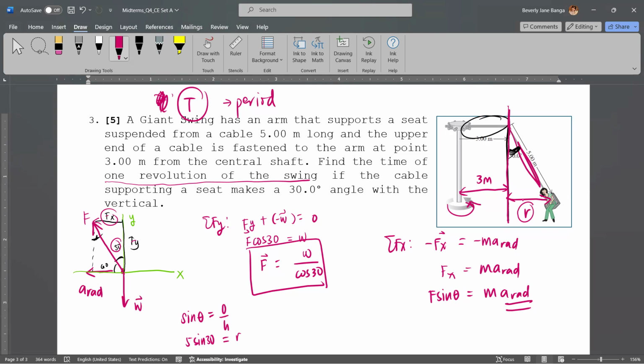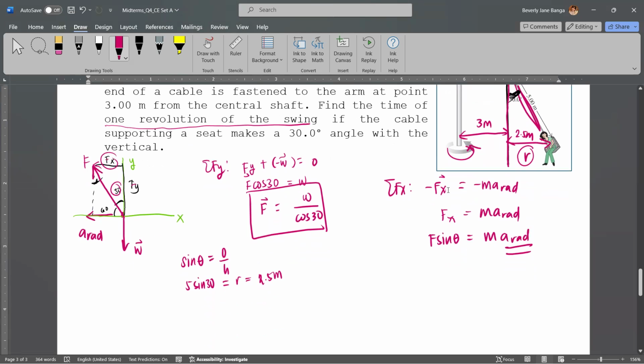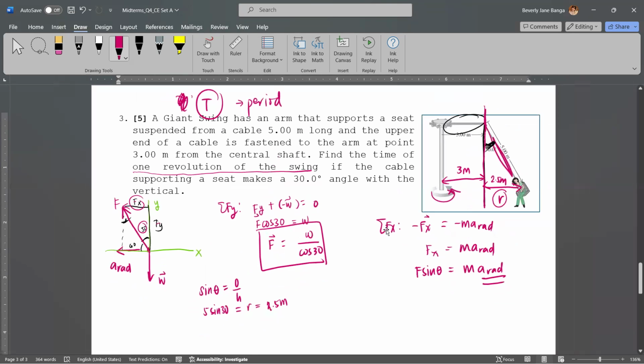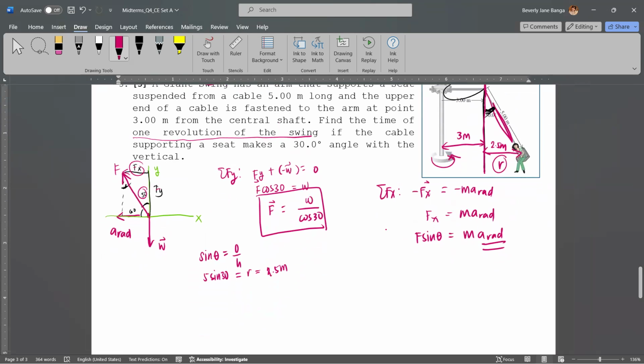And we know that sine 30 is simply 1/2, 0.5. So this is simply 2.5 meters. So from here, we can now get the A-rad. We don't have V squared, so we will use 4 pi squared R over T squared.